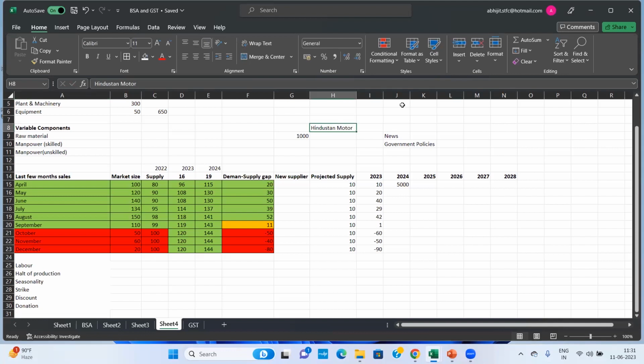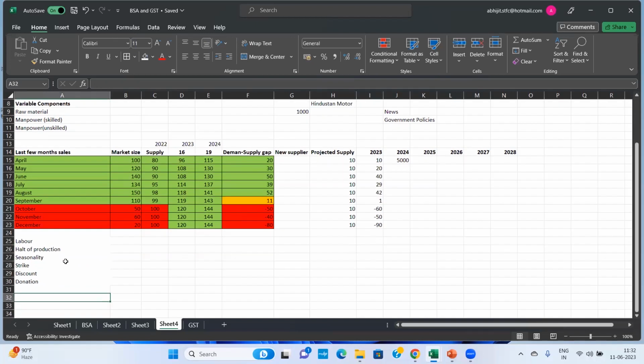They were very lenient, thinking that my Ambassador car is best and it will never go out of market. Yes, alternate products. Okay. So these are the typical factors which you have to keep in mind while you are calculating your costs.